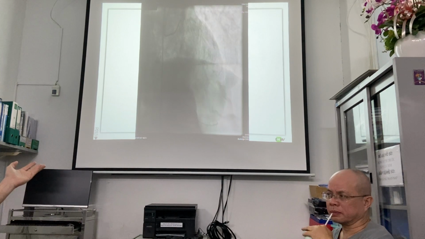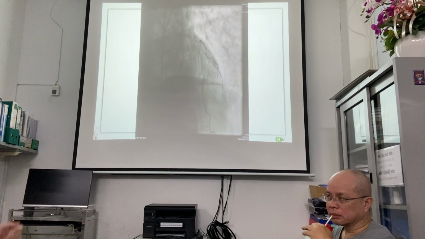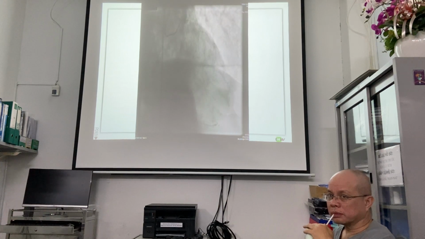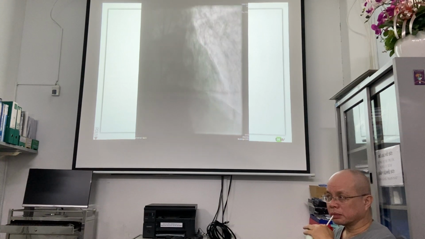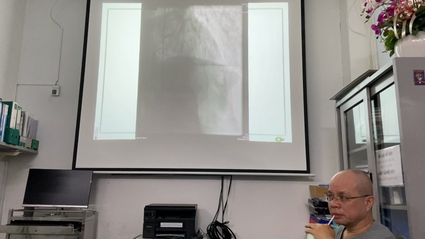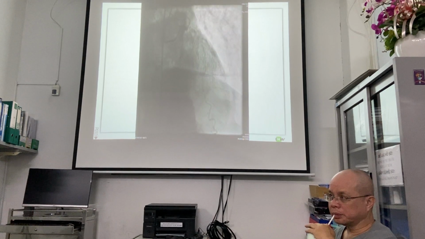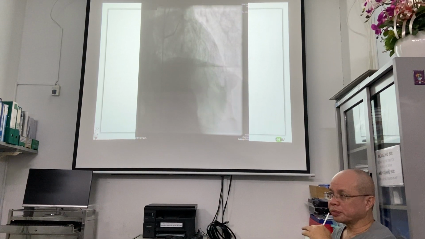And what can we do? He's 70, he's not so old. So mechanical support. In this patient, that would be ECMO. This was 1 year ago, there was still some COVID.